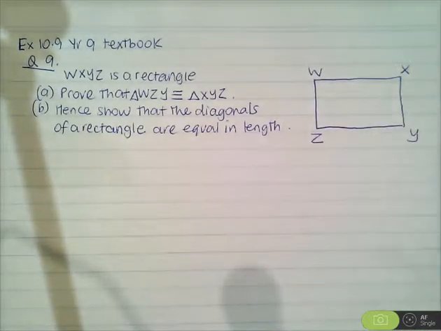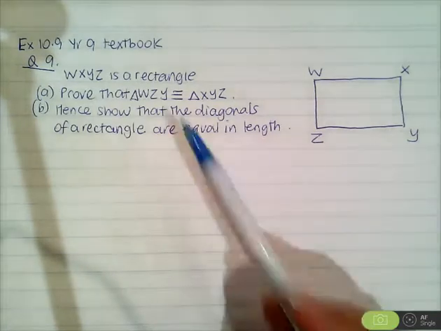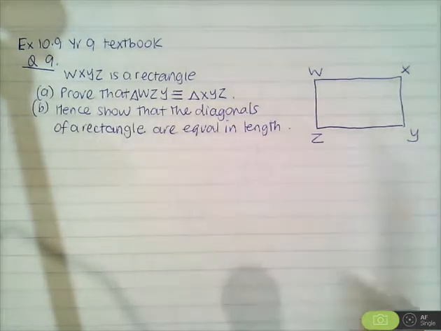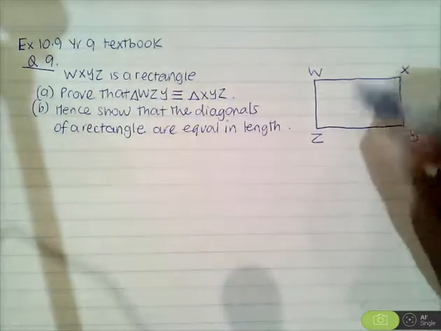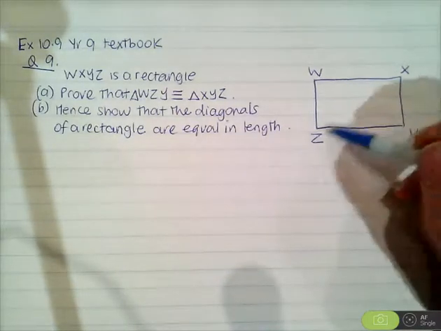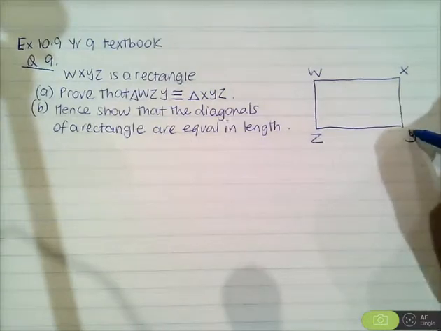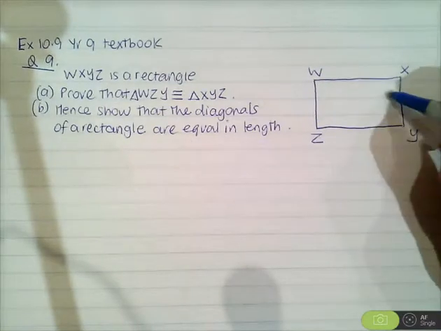We know different properties of a rectangle. We can talk about any properties of the rectangle apart from anything about the diagonals being equal in length. So we can say opposite sides are parallel, opposite sides are equal. We can't say that the diagonals are equal in length. We're not allowed to say that. We're allowed to say that we've got right angles.